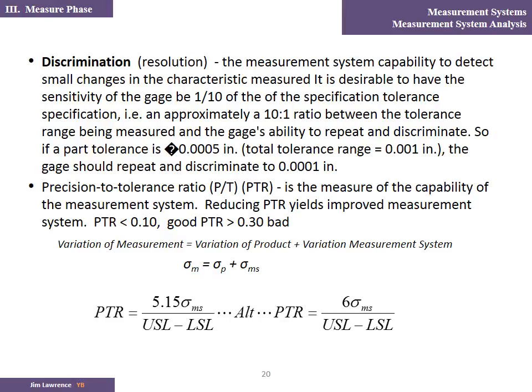So the precision to tolerance ratio is 6 times the measurement system standard deviation, or some references use 5.15 times the standard deviation of the measurement system, over the upper spec limit minus the lower spec limit.